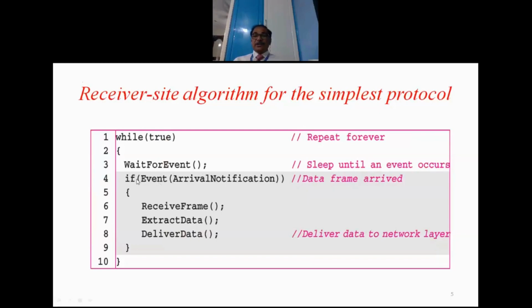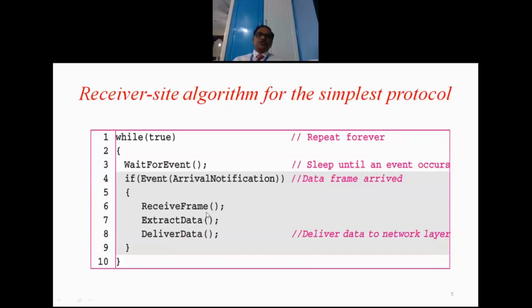So what is that event? If an event is there, it means there is a notification from the physical layer at the receiver site. The moment the receiver's physical layer receives the bit stream, it is going to intimate the receiver's data link layer that you have data waiting. The moment there is a notification, the receiver data link layer will understand that data is waiting at the physical layer.